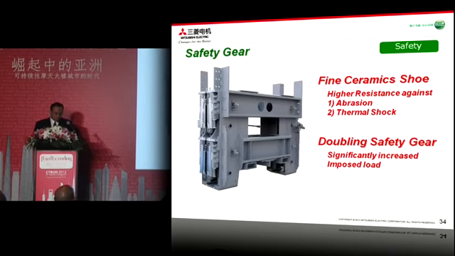In order to stop the car and the counterweight under such high speed conditions securely and surely, firstly, a fine ceramic shoe is applied, which has high resistance against abrasion and thermal shock. Second, a double safety gear is applied to increase the imposed load, which can be secured at approximately 30 as a maximum.